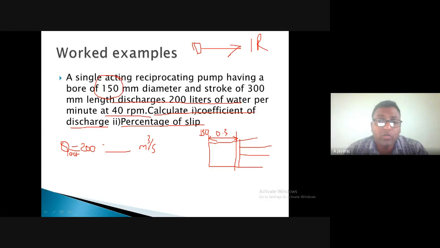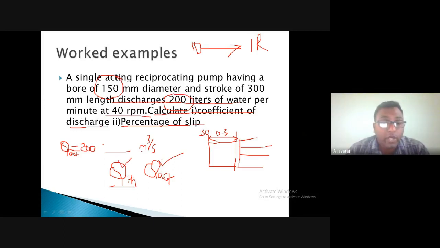In order to find the coefficient of discharge and the percentage of slip, what I need are the theoretical discharge and the actual discharge. The theoretical discharge we have to calculate, but the actual discharge is given in the problem, that is 200 liters of water per minute. To find the theoretical discharge, I know the formula.